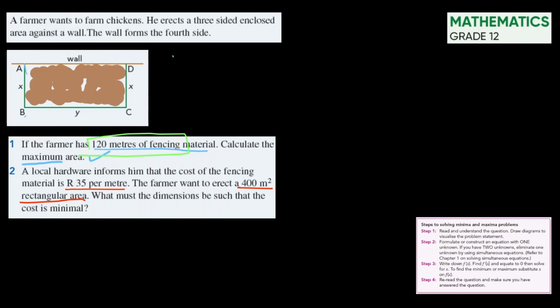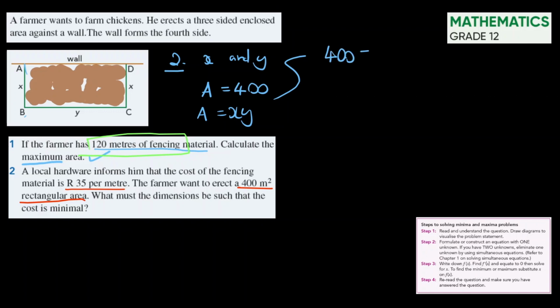So in the second question, we need to calculate the dimensions. When they mention dimensions, they're mentioning x and y, but they're telling us something important: that the area the farmer really wants to erect is 400. That's the area, and we know that area is given by x times y, which means we can say 400, which is our area, is equal to x times y.